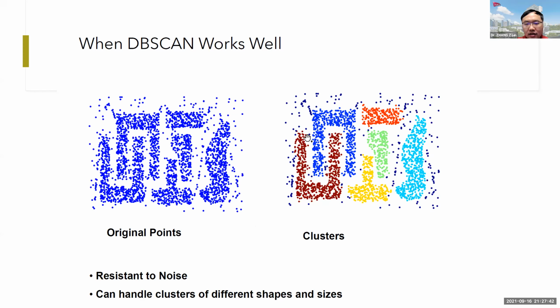But using DBSCAN, we are able to see it like this. Okay. So DBSCAN can resist noise. It has resistance to noise and can handle clusters of different shapes and sizes.